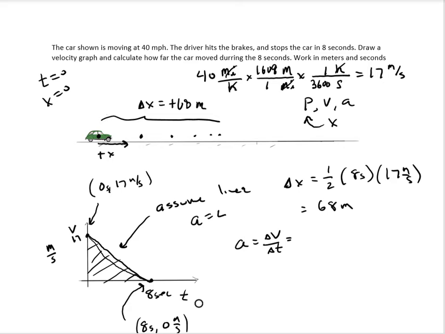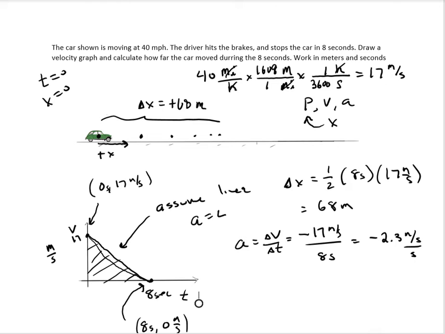When we compare this point to this point, notice the rise is -17, the run is 8. So I'm going to do it this way: minus 17 meters per second over 8 seconds. I like decimals for these problems. That comes out to be about -2.3 meters per second per second. If you want to write that as meters per second squared, that's perfectly fine.